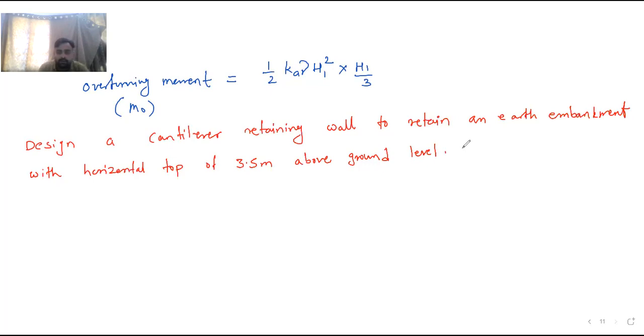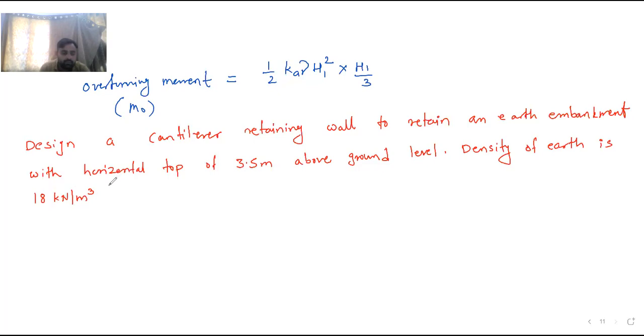The density of earth, that is soil density, is given as 18 kilonewton per meter cube.